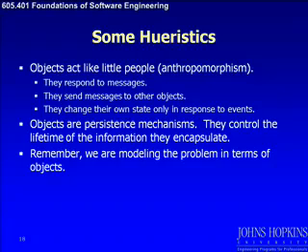Some other heuristics. Objects are like little people. We can use anthropomorphism. That's a great word, anthropomorphism. It comes from the Greek, means human shape, human form. Okay, the objects take on human forms. In other words, objects respond to messages. Humans respond to messages. Requests for service. They send messages to other objects. That's how they collaborate. Well, that's how humans collaborate.